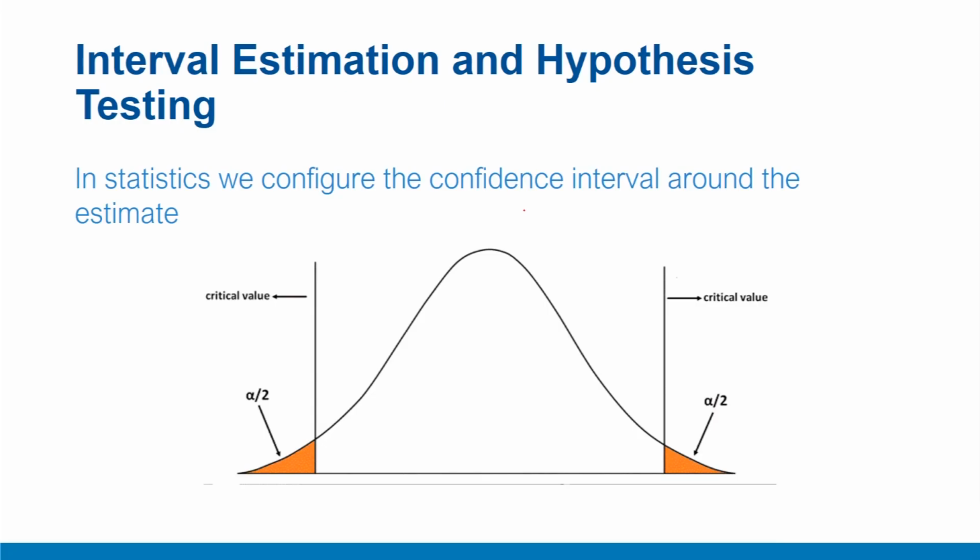In the hypothesis testing procedure, you set up a confidence interval. For example, let's say you want to be 95% confident in your estimate of that coefficient or parameter estimate. Then there is a 5% chance you are willing to take where you may be wrong.